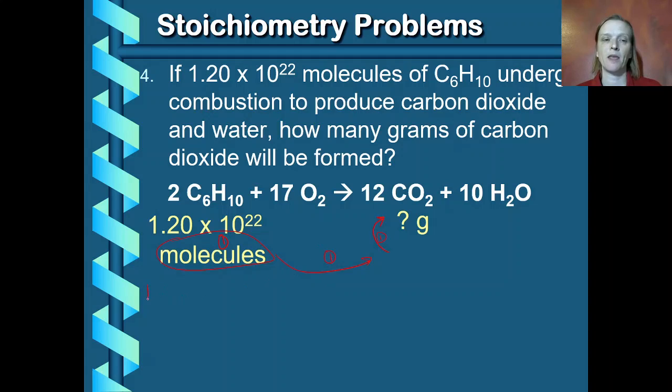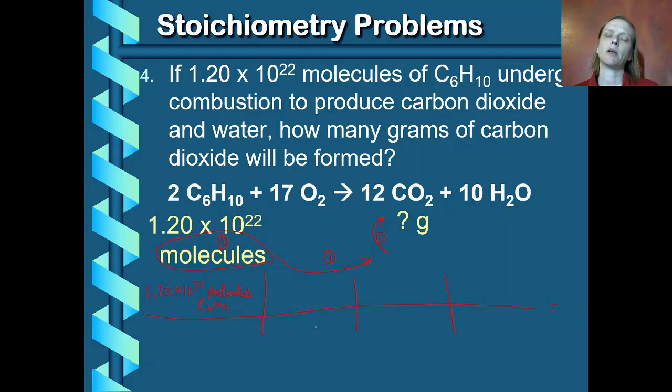Let's check it out. If I start with 1.20 times 10 to the 22nd molecules of C6H10, and I need 3 conversion factors, 1, 2, 3. I need to think about what those 3 conversion factors are. I said I was going to convert from molecules to moles.